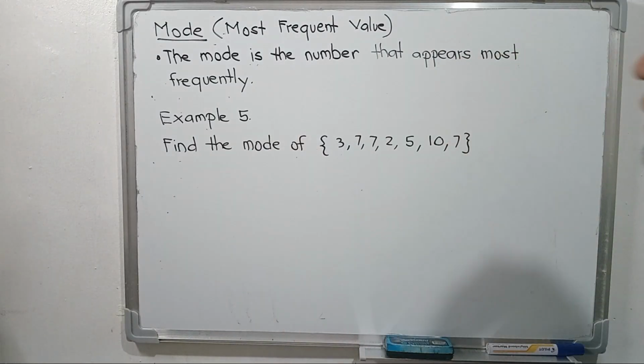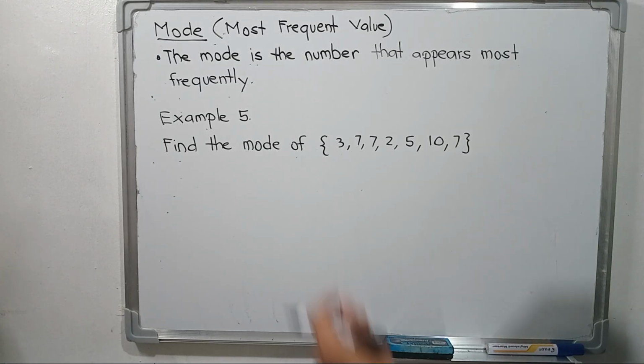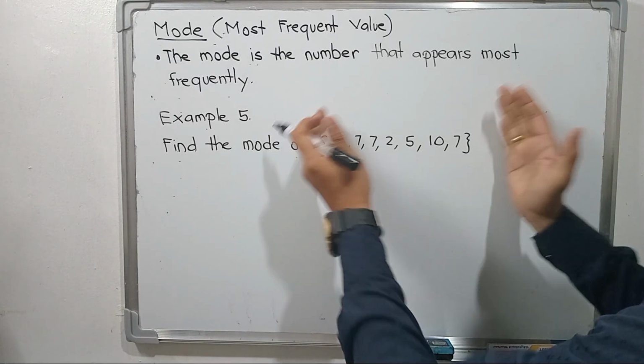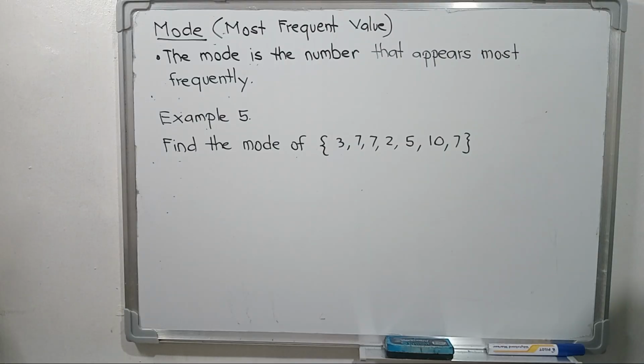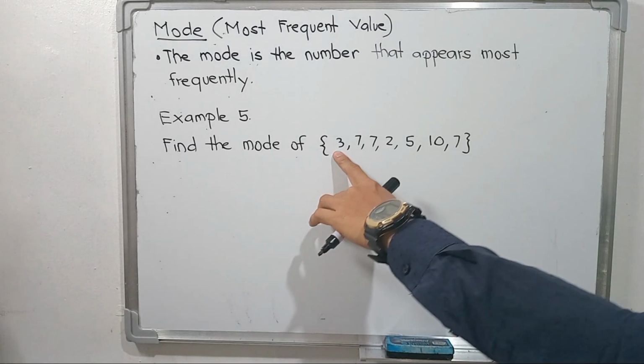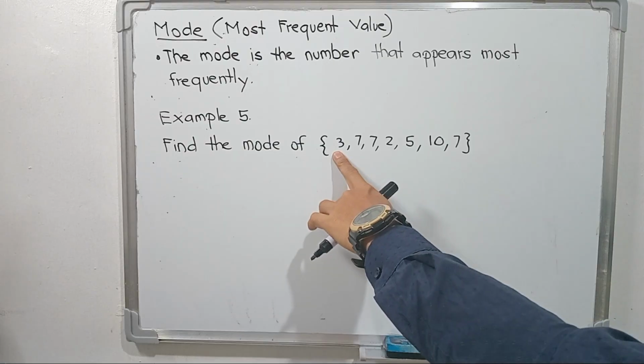Example number 5. Find the mode of this data set. So what we're gonna do here is we will identify the number that appears most often. Okay, take note that 3 here appeared only once, right?